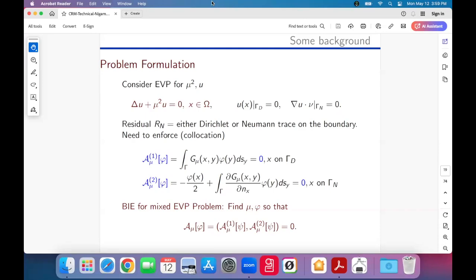So I'm looking for a mu and a density phi so that this integral operator is equal to 0 when it acts on phi. So now the plan is I'm going to look at this thing at a bunch of different values of mu, and whenever I hit 0, I know I've got an eigenvalue.